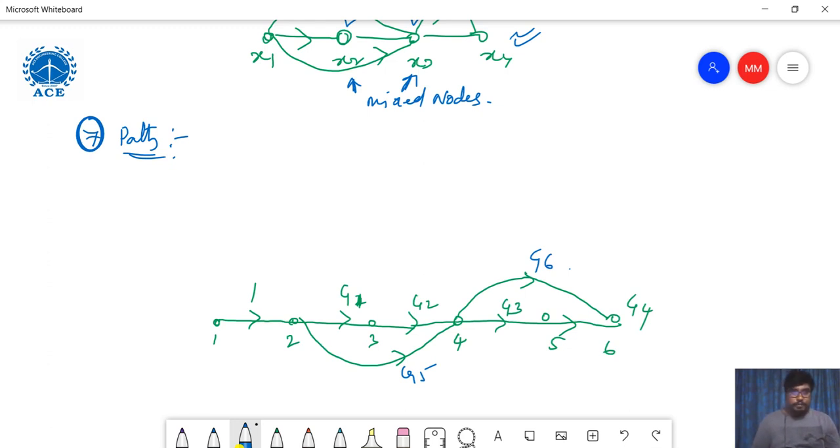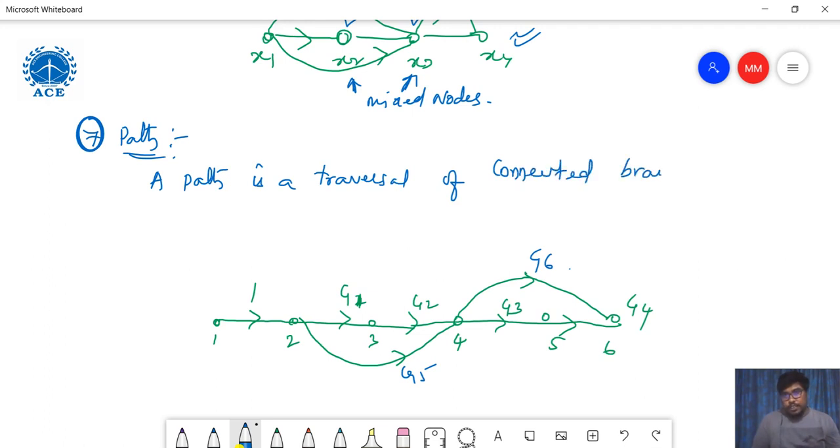So I define here: a path is a traversal of connected branches in the direction of branch arrows.